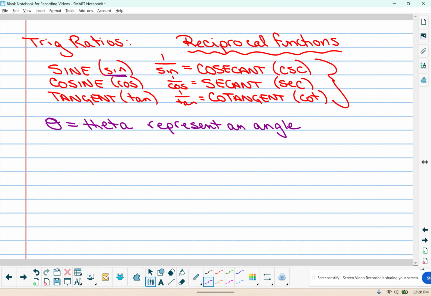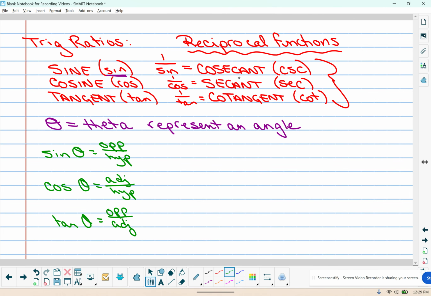Okay, so here are your trig ratios. Sine of theta is opposite over hypotenuse. Cosine of theta is adjacent over hypotenuse. And tangent of theta is opposite over adjacent.